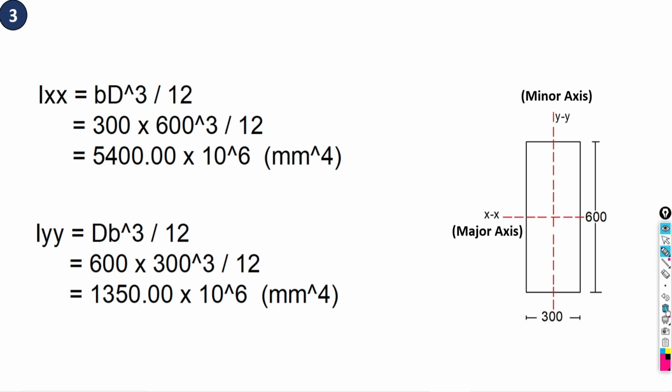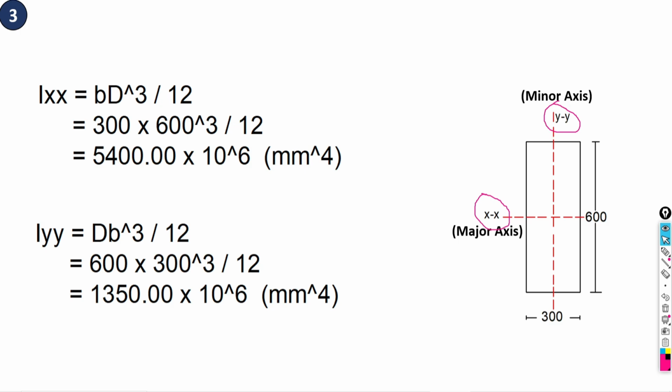You will all agree that the x axis is the major axis and the y axis is the minor axis. So I planned to resolve this doubt first, what it means by major axis and minor axis, and why we call them major and minor.